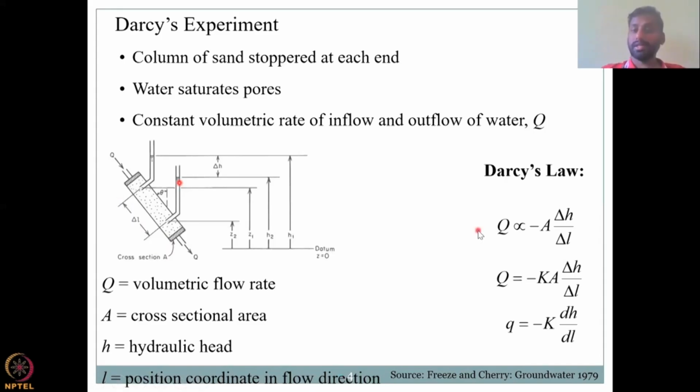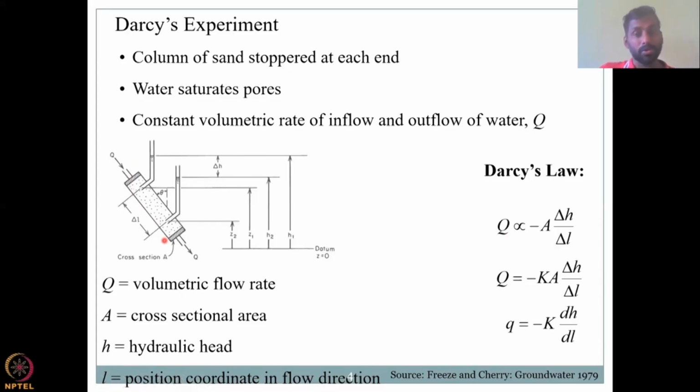So Darcy's law is given as the first law. What it says is that Q is proportional to the hydraulic head difference, which is del H. Del H is the difference between H1 and H2. And also directly proportional to the cross-sectional area. It is inversely proportional to the length between the wells, between the estimation points.